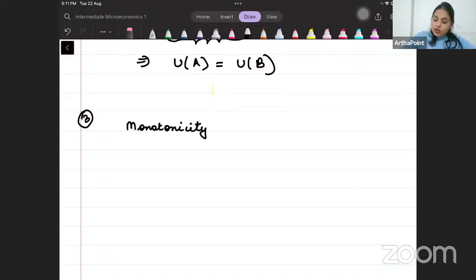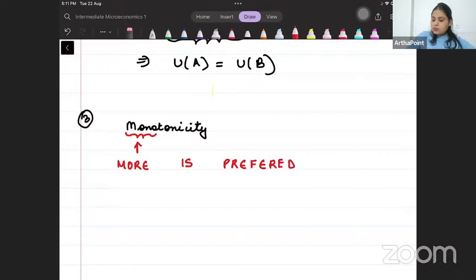तो बेटा monotonicity में ध्यान से देखो, mono means more. So when I say monotonicity, it means more is preferred.